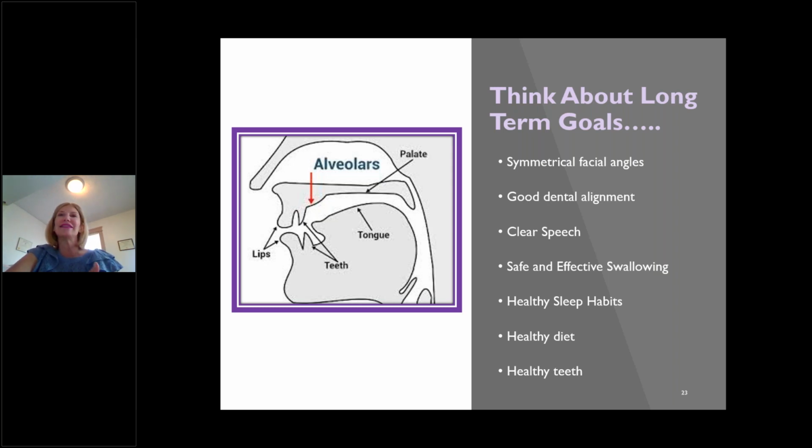If we analyze the facial features of the most highly coveted, beautiful women or handsome men of the world, we find that they have very symmetrical facial features. Good dental alignment. No one wants to have to wear braces, expanders, Invisalign. So if we can guide orofacial growth, this is really important.